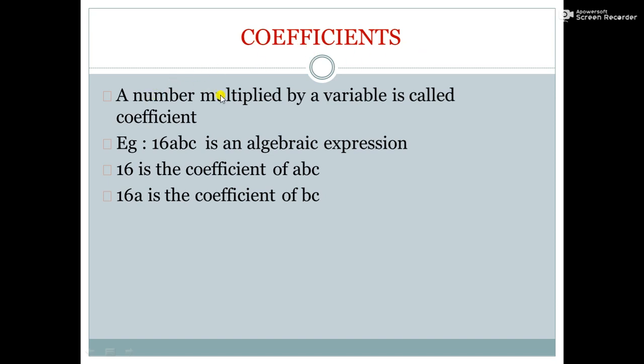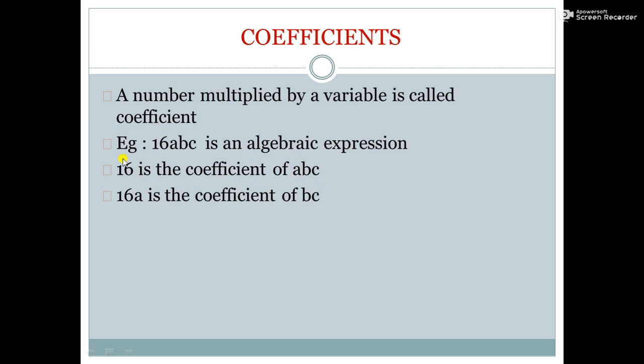Coefficient means a number multiplied by a variable is called a coefficient. For example, 16abc is an algebraic expression. Here 16 is the coefficient of abc, the number multiplied with the variable part abc. And in the next case, 16a is the coefficient of bc.